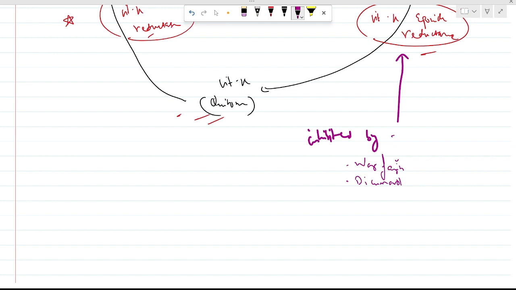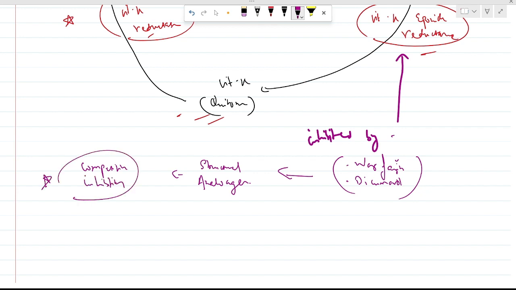Warfarin and dicumarol. These two are, remember, structural analogs. So warfarin and dicumarol are the structural analogs, and we know structural analogs cause competitive inhibition.